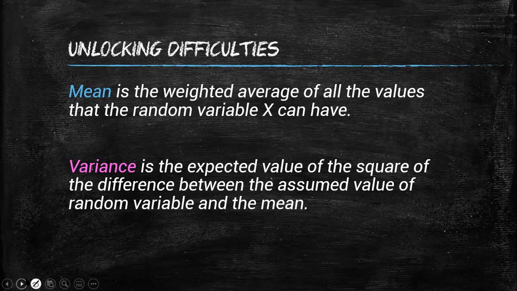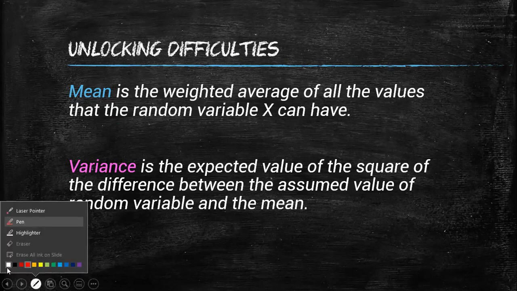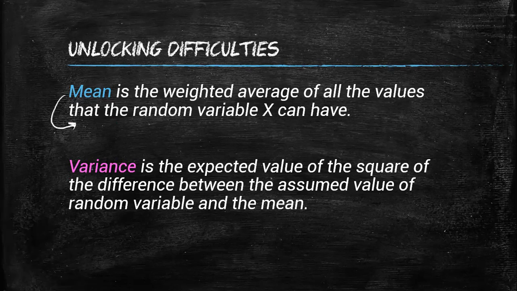So, ayan po siya. Katulad ng sinabi ko kanina, mean is one of the central tendencies. And we have three central tendencies if you can still remember. We have the mode and the median alongside our mean. Ayan. Central tendency siya.